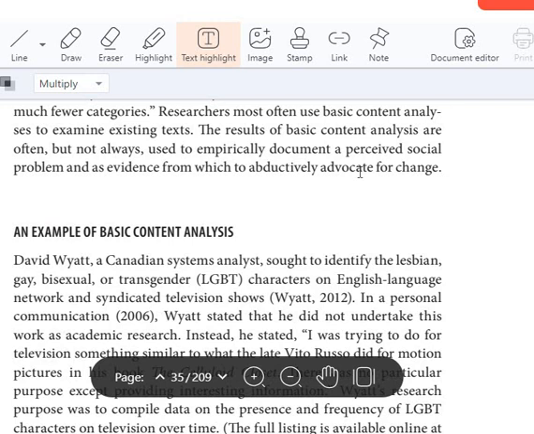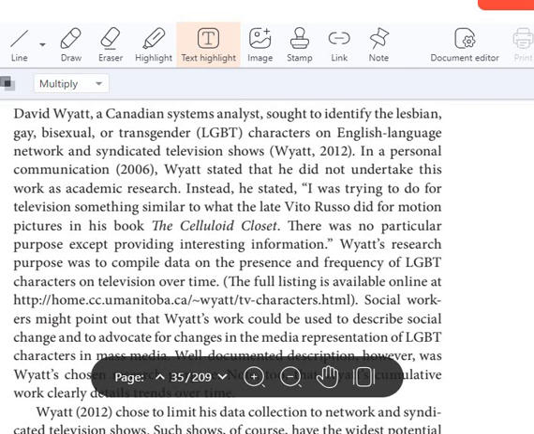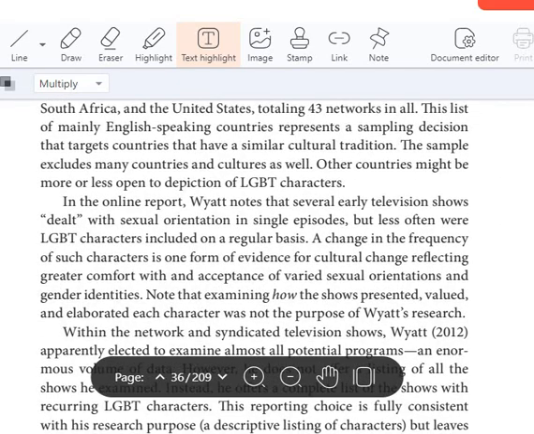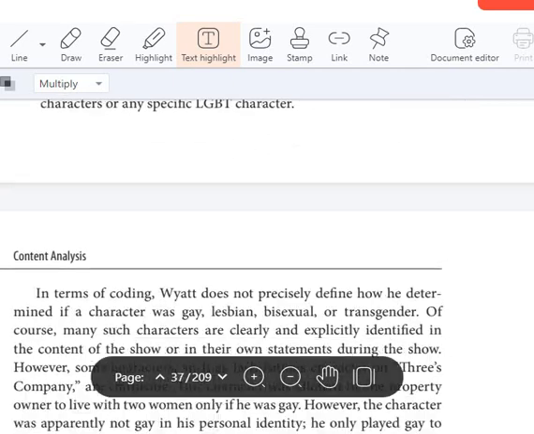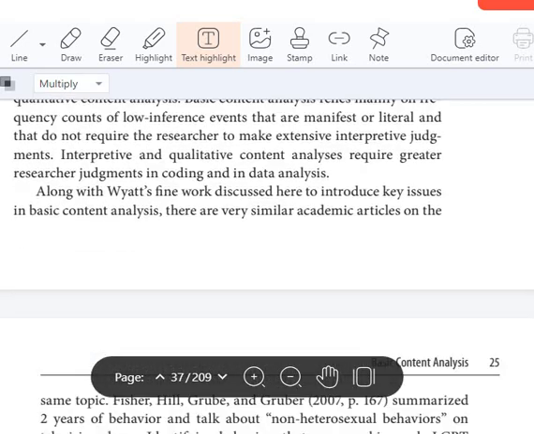Okay, examples on basic content analysis, we've got here David Wyatt, who tries to shed light on a certain social problem, about gender and LGBT characters. We will not focus on it much. Okay, here's more of this study on basic content analysis. Okay, we will move on. We will skip that study. We will not focus on it.